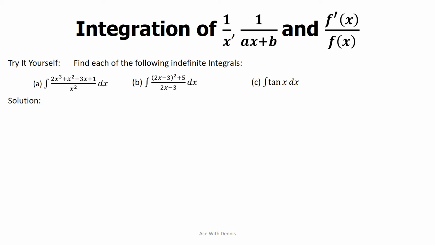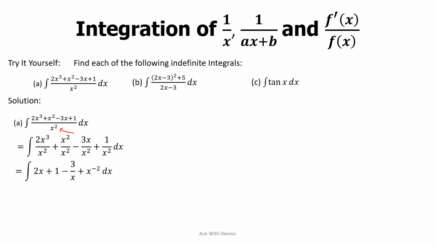Here is the solution. For A, integration of 2x cubed plus x squared minus 3x plus 1 over x squared dx. Again, notice that the denominator has only one term. So, you can split this into a few fractions, which becomes the integration of 2x cubed over x squared plus x squared over x squared minus 3x over x squared plus 1 over x squared dx. Then, you can simplify and change them into indices form where necessary. For example, 1 over x squared becomes x to the power of negative 2.